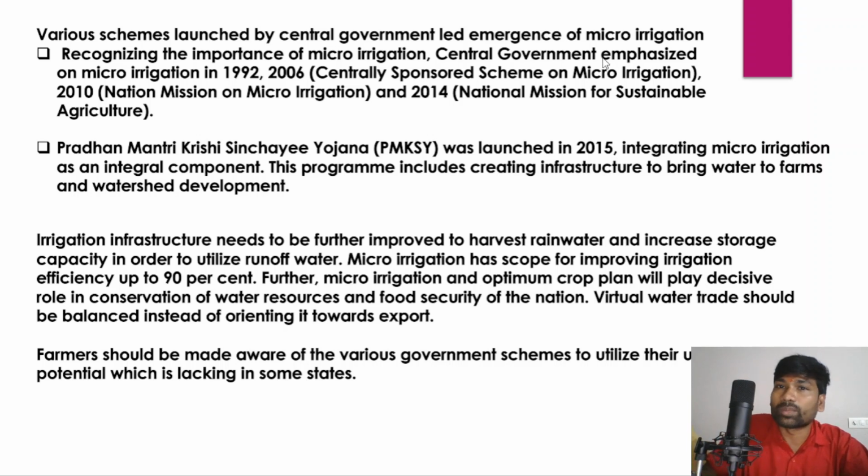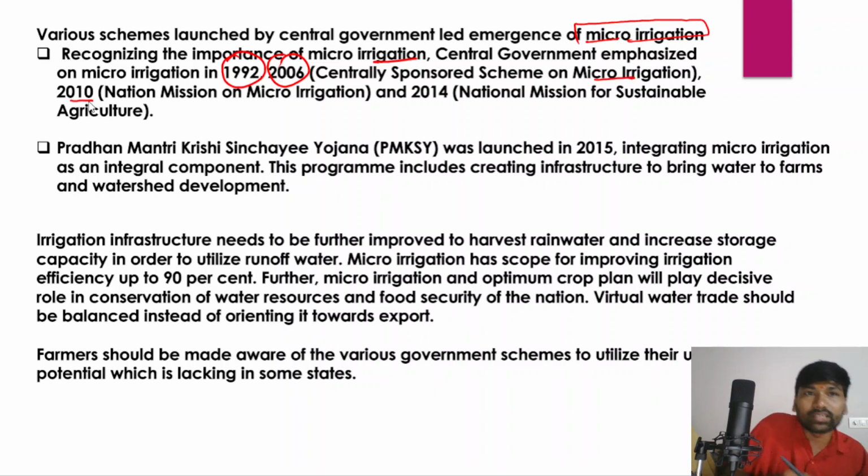So when we talk about the micro irrigation, I have already told you that the drip irrigation, sprinkler irrigation, rain guns, they use the existing water resources in a much more efficient and effective manner. Therefore, recognizing the importance of micro irrigation, central government has emphasized micro irrigation: in the year 1992 and 2006 centrally sponsored scheme for micro irrigation, in 2010 national mission on micro irrigation, in 2014 national mission on sustainable agriculture.